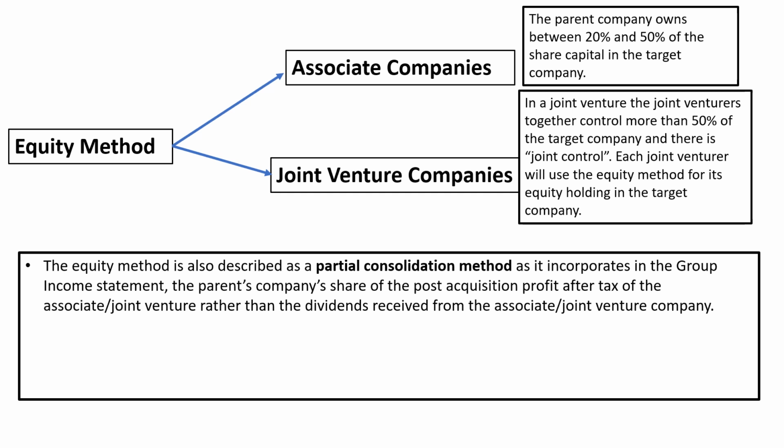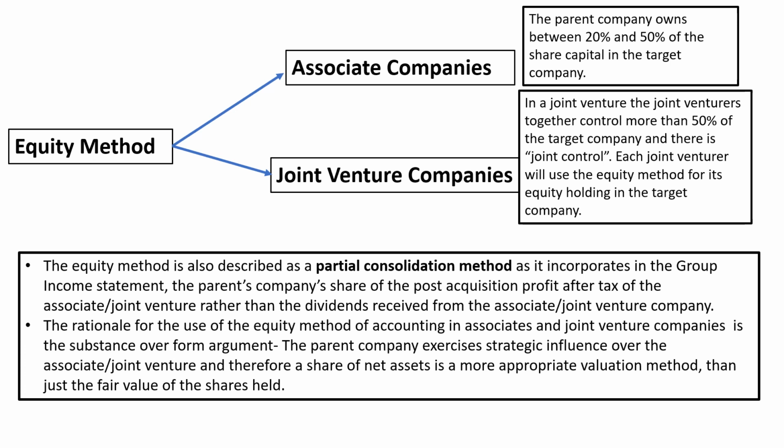The equity method is also described as a partial consolidation method, as it incorporates in the group income statement the parent company's share of the post-acquisition profit after tax of the associate and joint venture rather than the dividends received from the associate and joint venture companies.